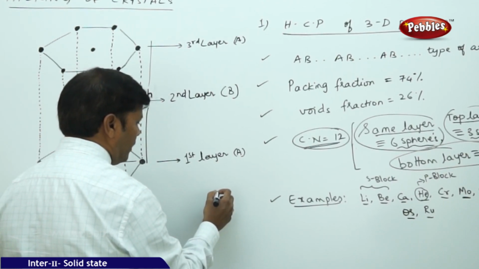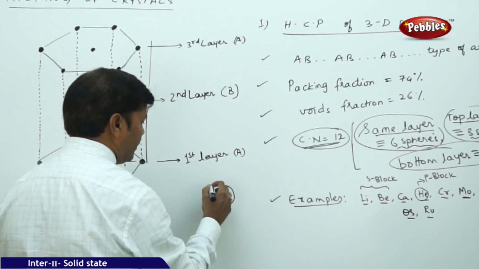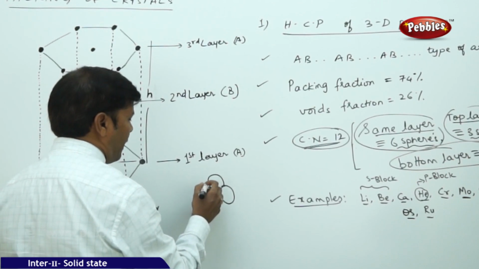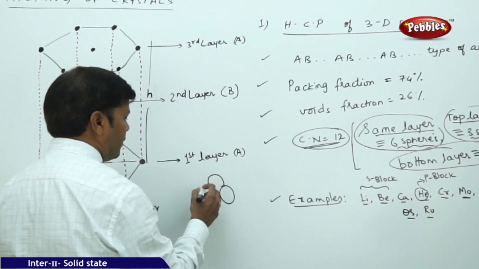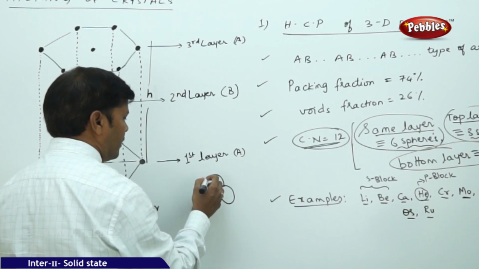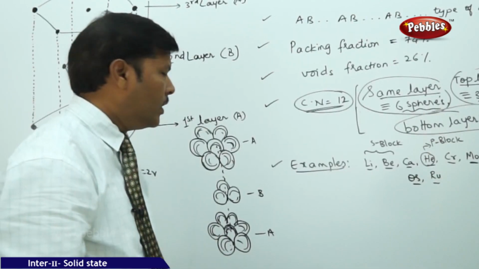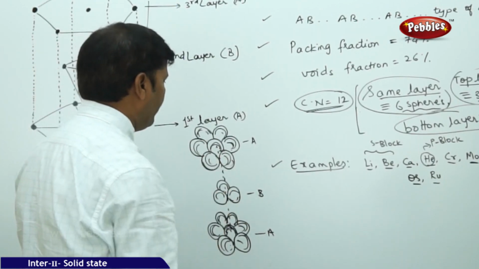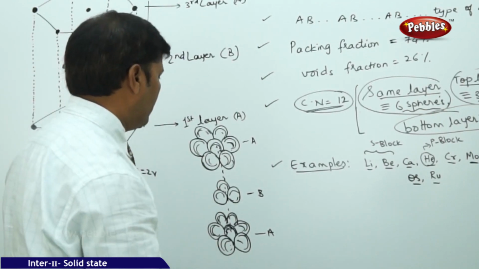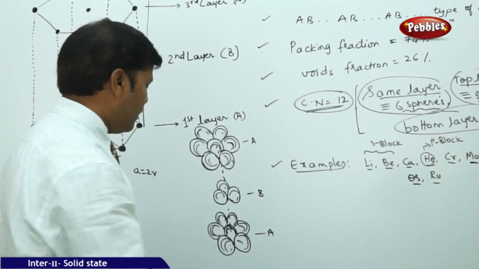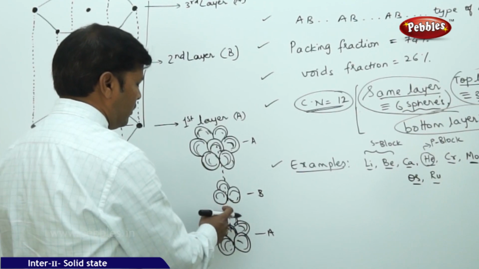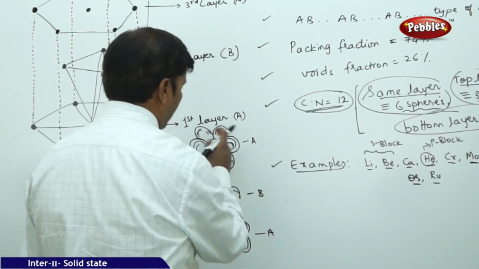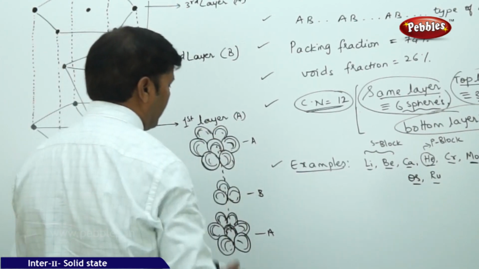Suppose I first take 3 spheres like this, then here again I can take 3 spheres. So if you take the 3-dimensional frontal view of the hexagonal closed packing, you can see one hexagonal plane with 6 corners and one face in the middle, again 3 body centers, and here again one hexagonal plane with 6 corners and 1 face.